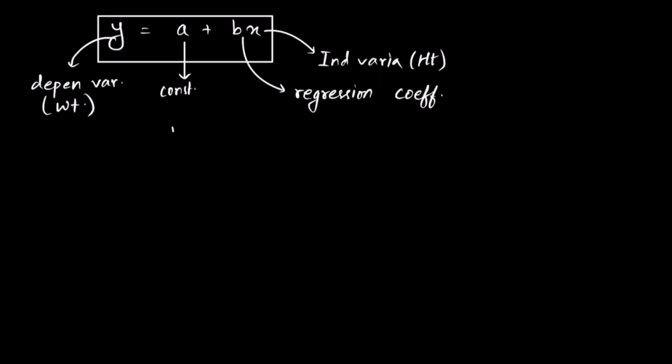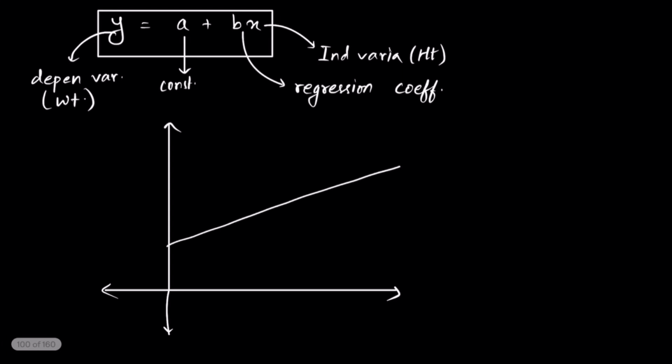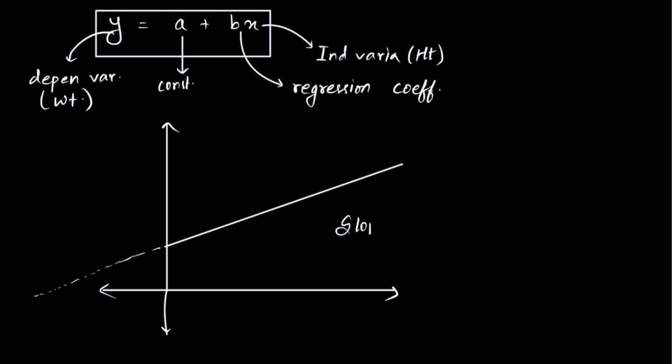If you learnt in maths, you might already know the graph for y equals mx plus c. The same graph is going to be here as well because the equation is similar, and it can be produced backward. In this particular graph, the slope of the graph is your b, and it's your coefficient of regression.